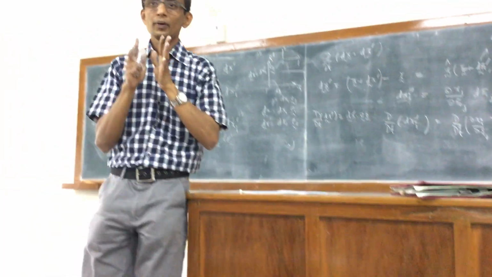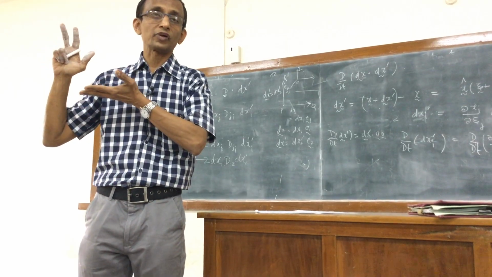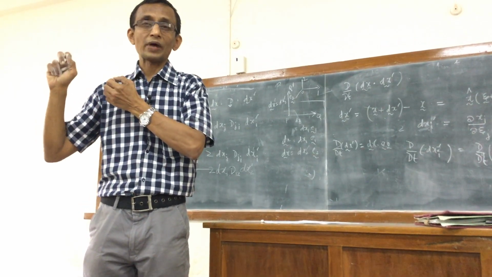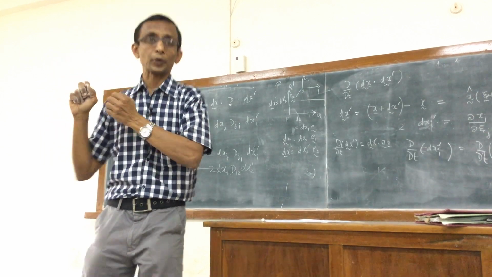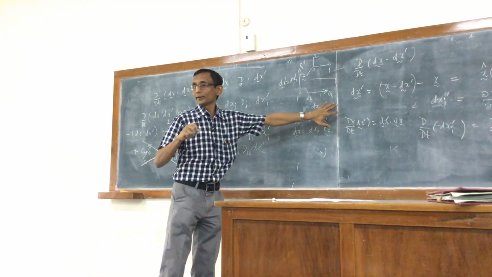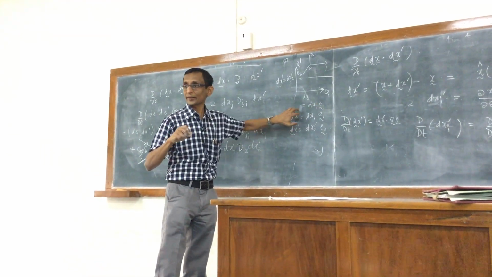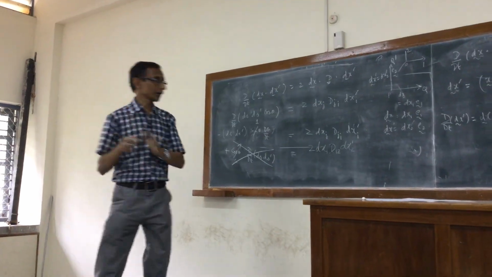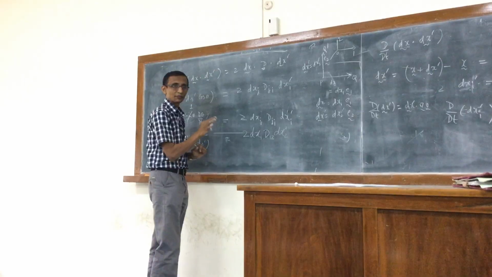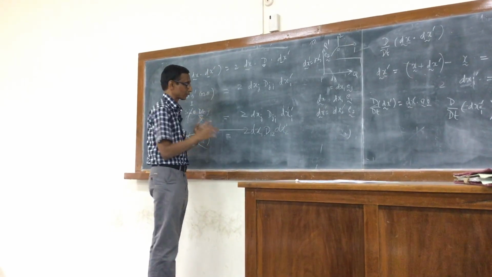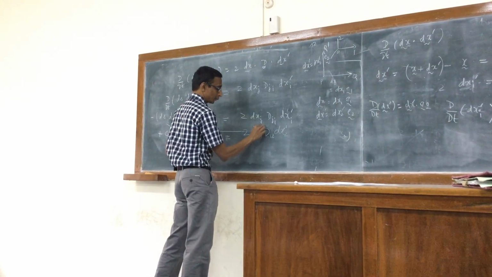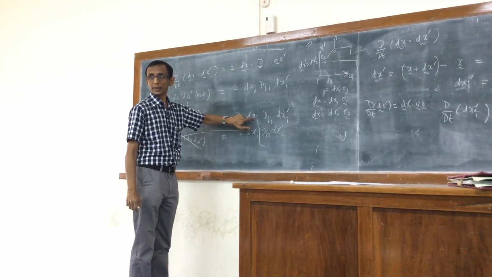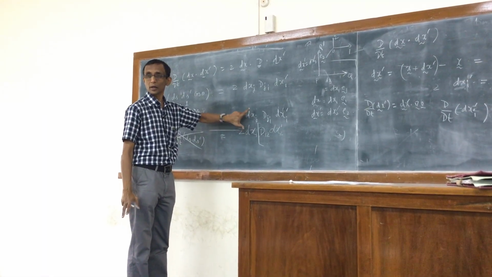Among all the terms you consider for j, only the value of j equal to 1 will contribute because dx2 and dx3, which are the components of the vector dx, are 0 in this special case. If you are confused as to how only one term is coming, I can write this as 2 times dx1. dx2 is 0, dx3 is 0, so j equal to 1 alone will contribute.